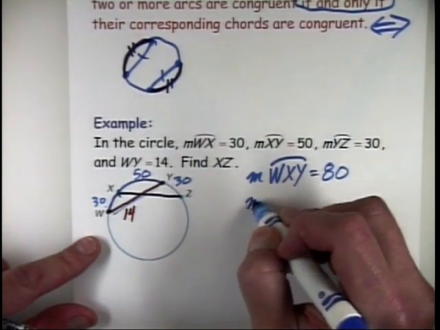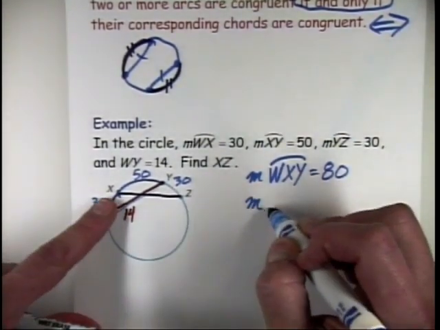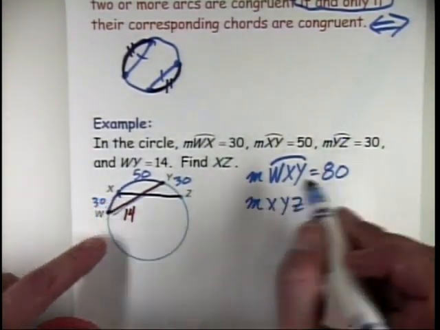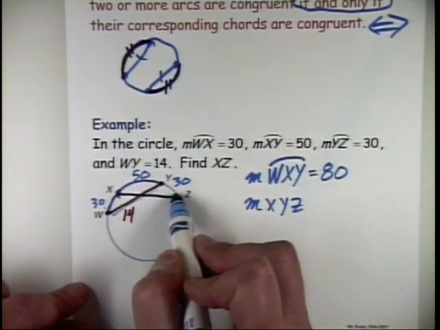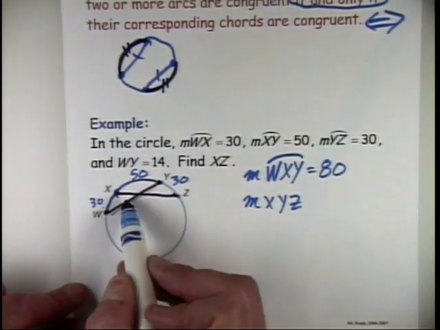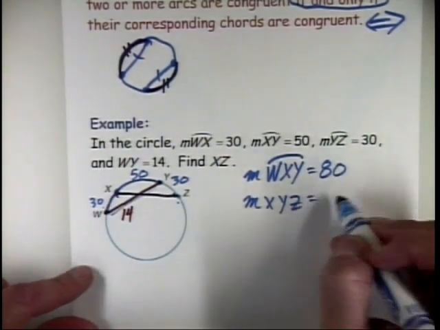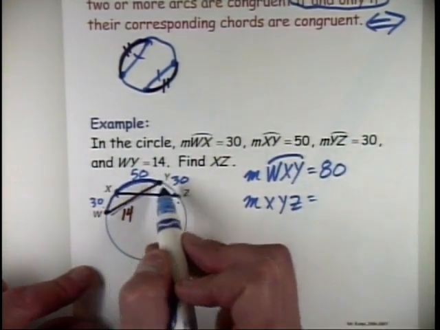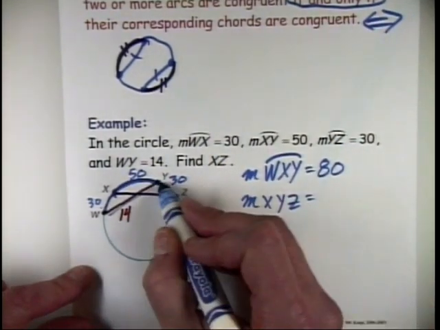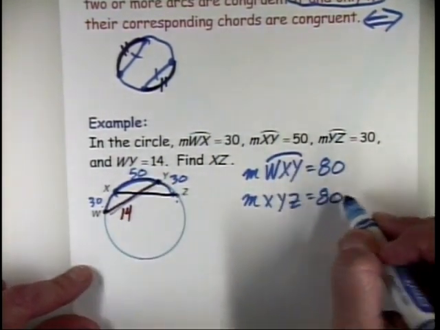And I also can look at the measure of arc XYZ, which extends from here to here to here. And that is the arc that corresponds to the segment that I'm trying to find, XZ. And its measure is the sum of arc XY, which is 50, plus YZ, which is 30. So it also equals 80.